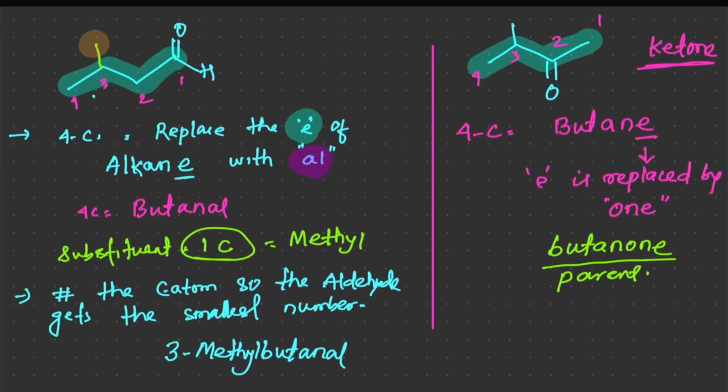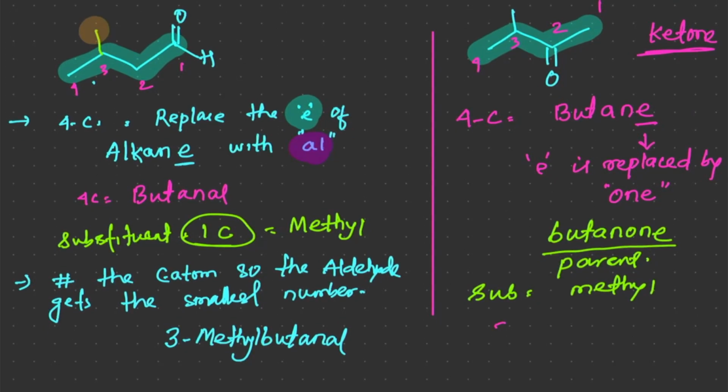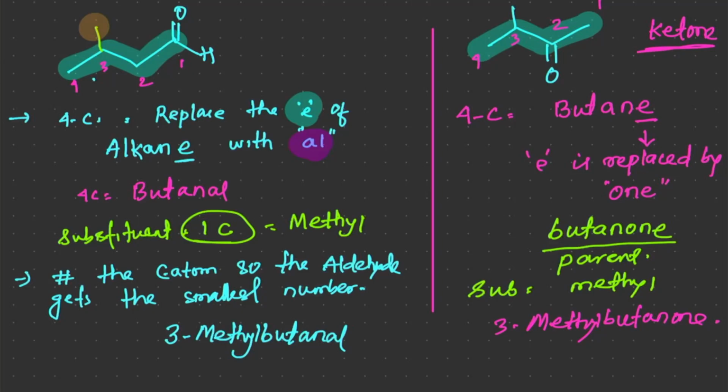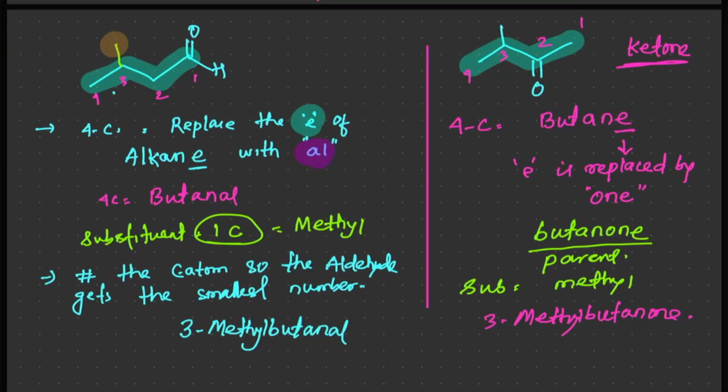And what is the substituent? The substituent is the same as before, methyl. So our name would be 3-methylbutanone. Again, 3-methylbutanone. You don't need to put the number 2. It's obviously the only location there can be, 2.